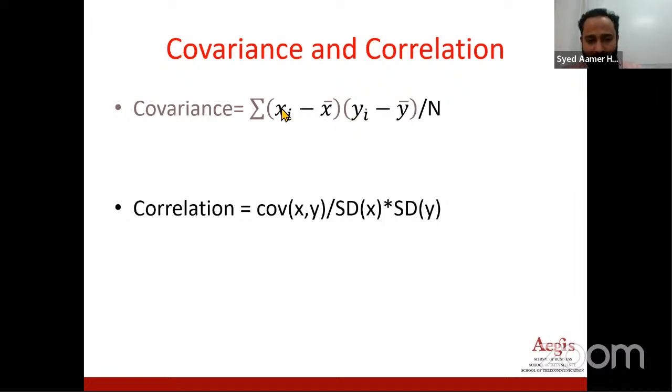For each value of x, we find how it differs from its mean value, and multiply that by yi minus y dash, how your y differs from its mean value, and divide by the total number of samples, or rows, you have.